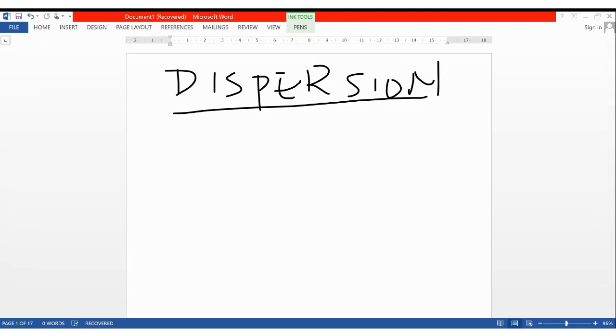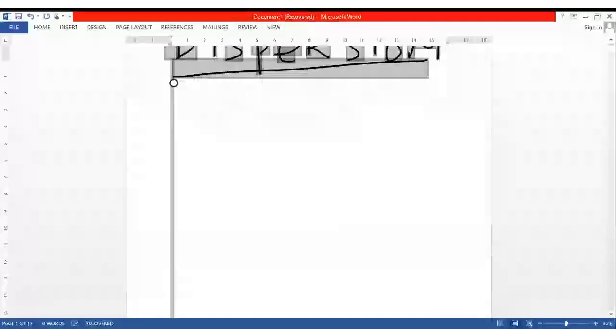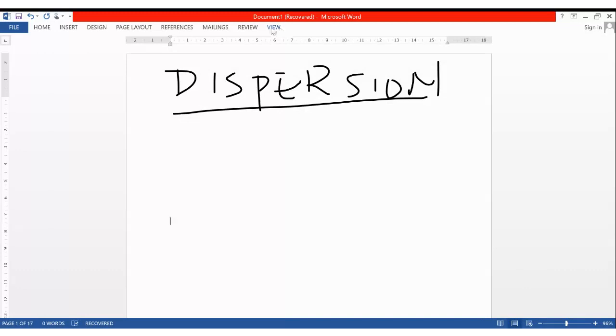The measures of dispersion are basically three. If you have been able to go through the notes, I think you have encountered them before. Number one, the range.